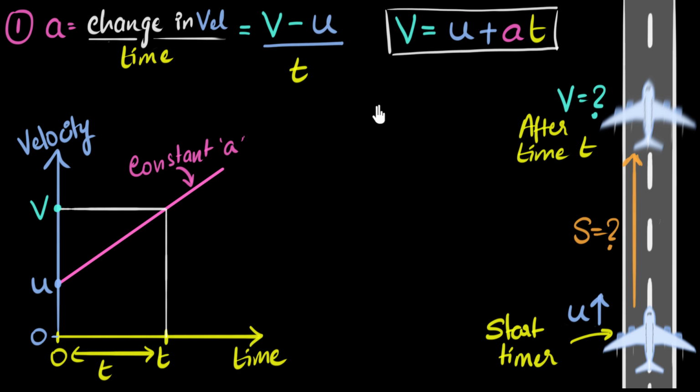Now let me tell you what they do in your textbooks. In the textbooks, they derive this from the graph. This is what they do. If you look at the graph, this length over here is the same as this length, which is v. And this length is u. And we can write that u on this side. And so in the graph, look, v must be u plus something over here.